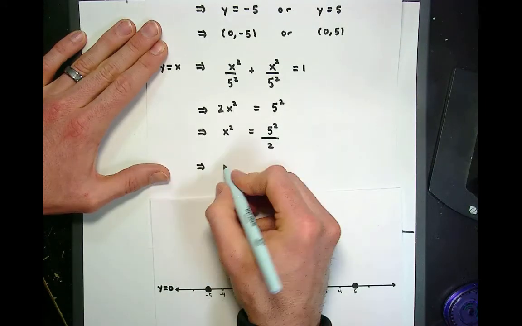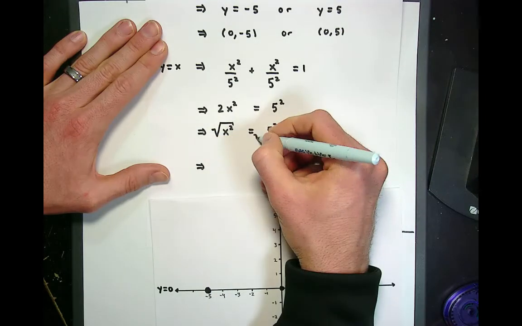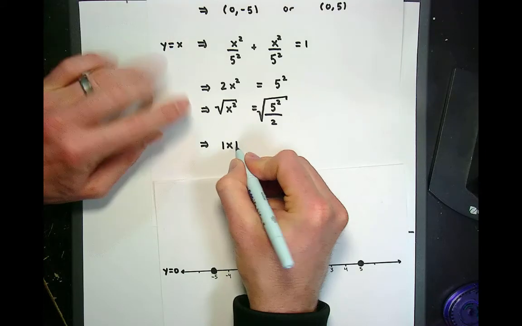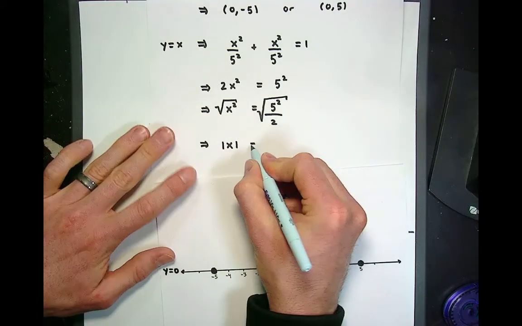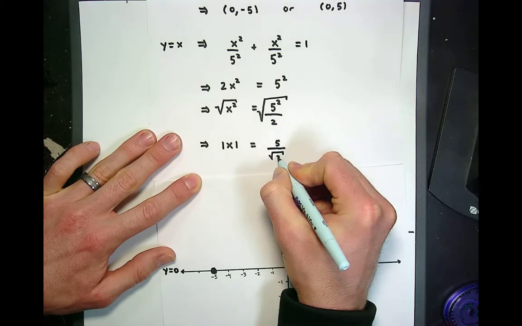And then we can solve for x by taking the square root of both sides. Here we go. This becomes the absolute value. The square root of x squared is the absolute value of x. And over here we have 5 on the bottom and square root of 2 on top.